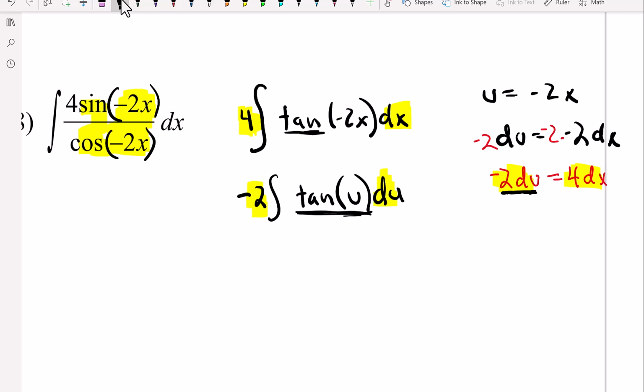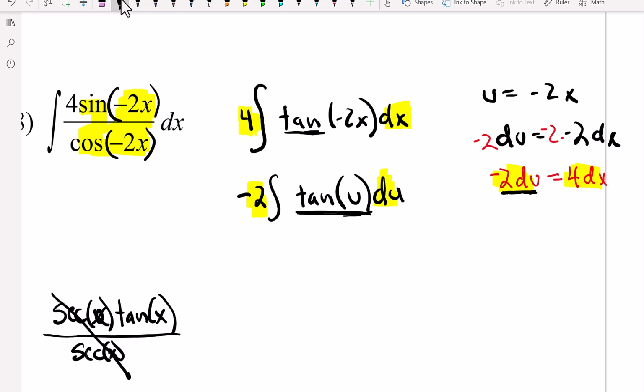But secant, remember the derivative of secant is secant tangent. Well, if there was secant in the denominator, so whose function would have secant in the denominator, then multiply the derivative of secant?